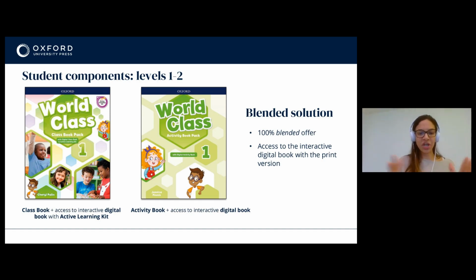Actually, Louise is going to share with us in a second what the active learning kit is. And then they will also have a digital class book with access to their interactive digital book. As you can see, it's a 100% blended offer. So it's all interactive. Whatever they access in their class book, in paper, they will see that same material in digital, as well as the activity book.